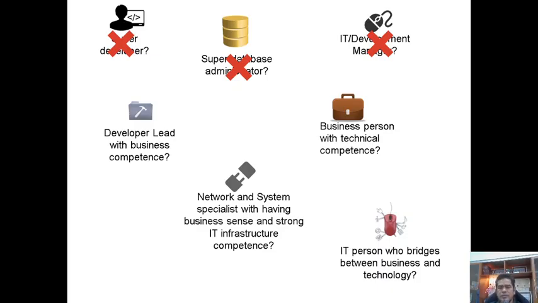In other words, an application architect or software architect or business solution architect should have two types of skill, business process and also technical skill.